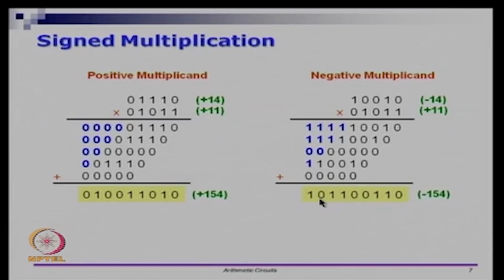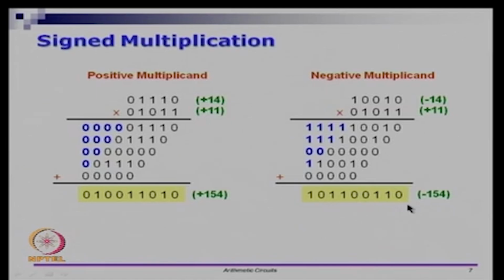You add it together and you interpret that as a signed number, you will realize that it is the correct interpretation. In this case, this minus 14 is actually in 2's complement. This is not signed magnitude, it is 2's complement interpretation, and the 2's complement multiplication can be done in this way. This is plus 11 in 2's complement, this is minus 14 in 2's complement, the result you get is minus 154 in 2's complement.